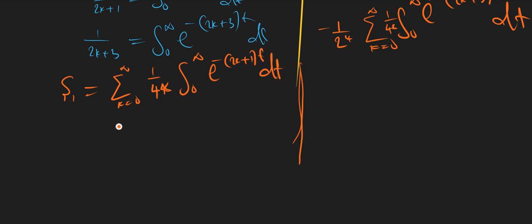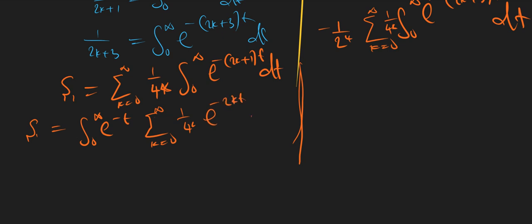So what we're going to do is swap summation and integration and write S1 equal to the integral from 0 to infinity of e to the negative t. We're going to factor out e to the negative t here. Then we would have the sum as k runs from 0 to infinity of 1 over 4 to the k, then you have e to the negative 2kt dt.